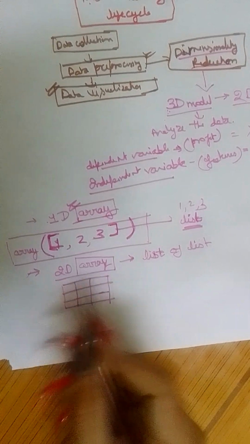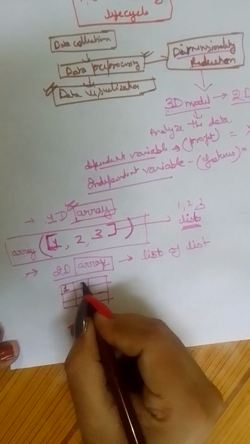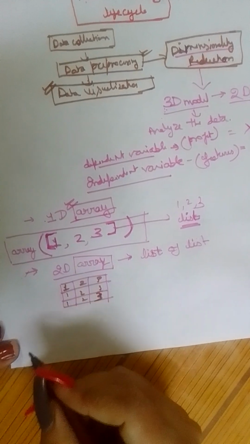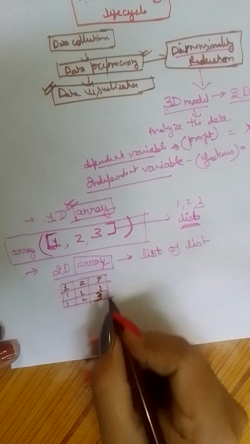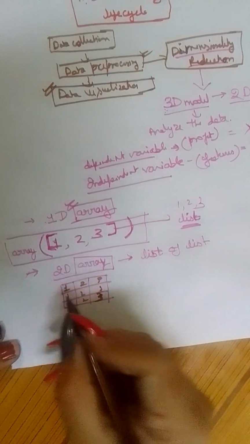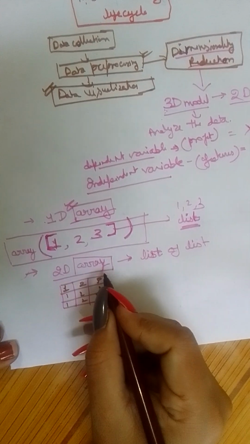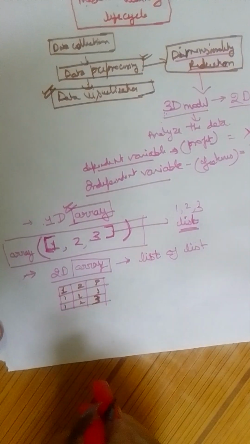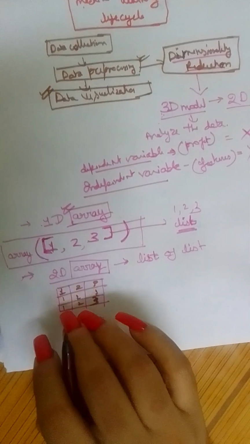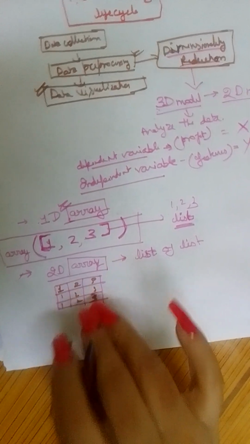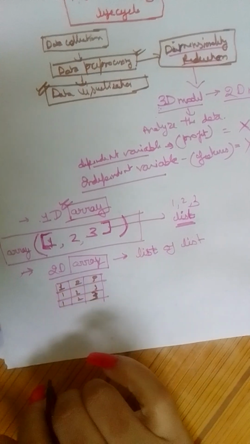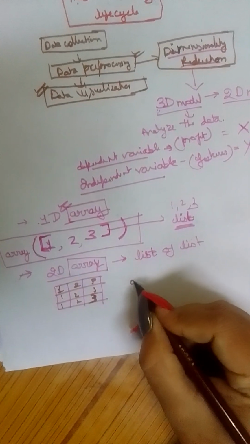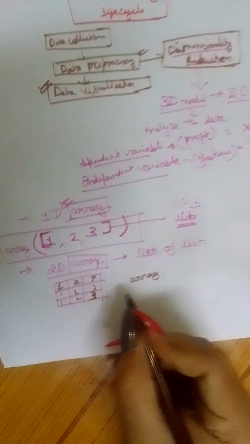You have something like this, and under this data, 1 2 3, 1 2 3, 1 2 3 is written. So how do you know that this is 2D data? You would know that you will build that in an array, by using Python language.